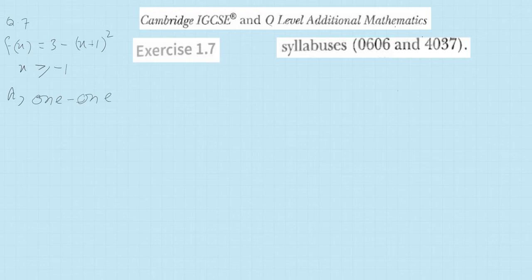So what is the meaning of a one-one function? For every input there is always one output.